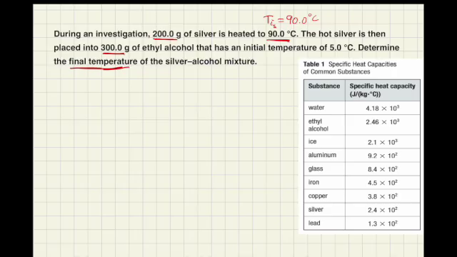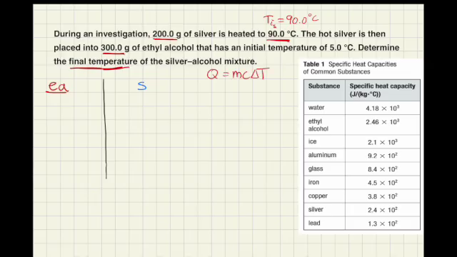Okay? So, there's a lot of variables that are going to be in here. Just like I tried to do at the end of our lesson, I'm going to make a table for both of them. This is going to be our ethyl alcohol, and this is going to be our silver. We'll draw a nice line just like that. Since this is a heat question, we're most probably going to have to be using these formulas.